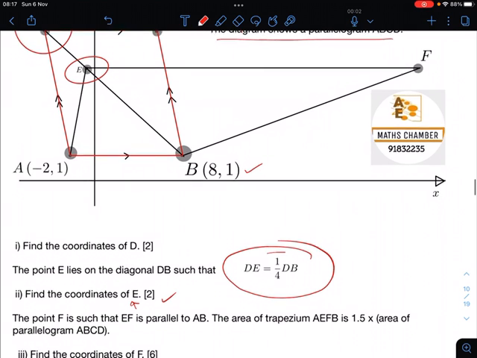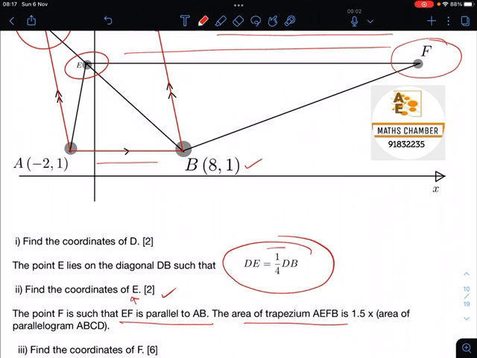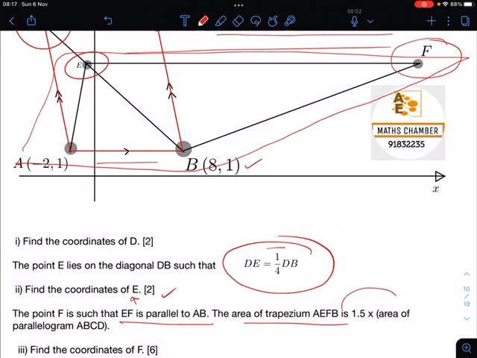The next part says that point F is such that EF is parallel to AB, and the area of the trapezium AEFB is 1.5 times the area of ABCD, which is your parallelogram.